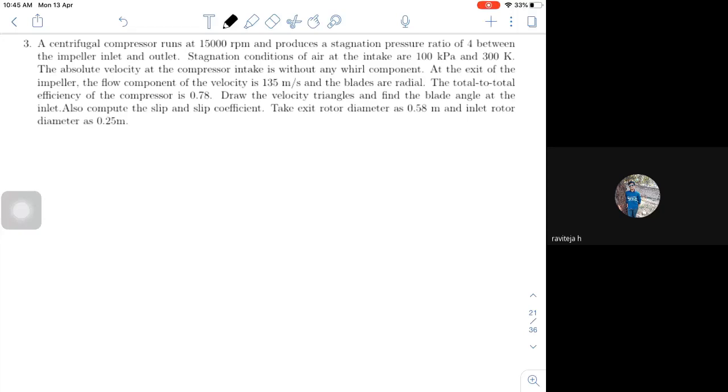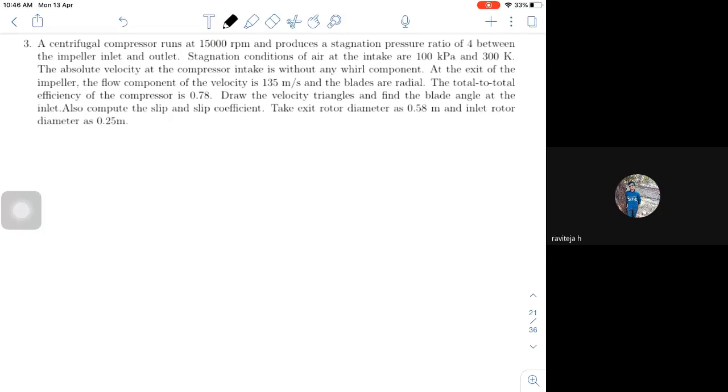At the exit of the impeller, the flow component of the velocity is 135 meters per second and the blades are radial. The total-to-total efficiency is 0.78. Draw the velocity triangles and find the blade angles at the inlet. Also, compute the slip and slip coefficient. Take the exit rotor diameter as 0.58 and the inlet rotor diameter as 0.25.